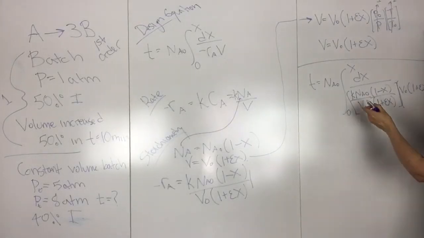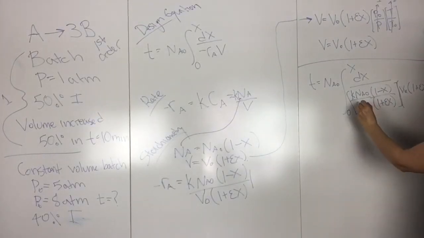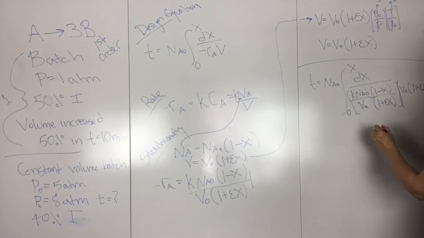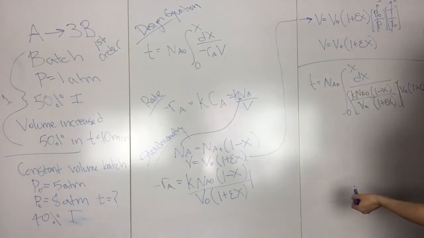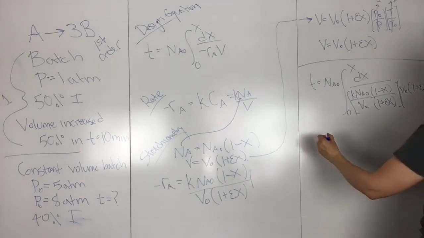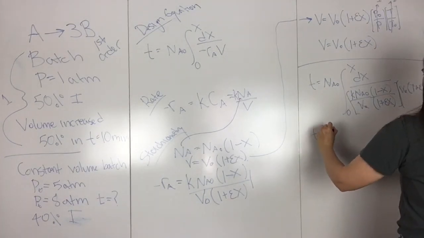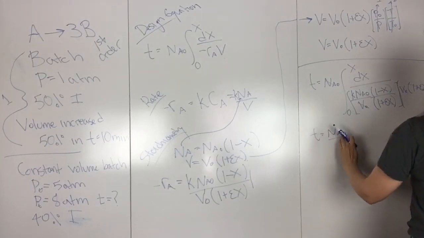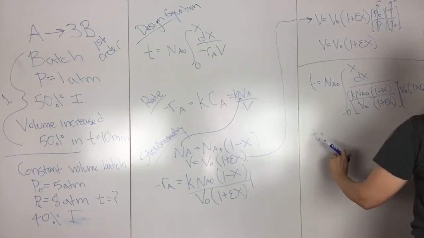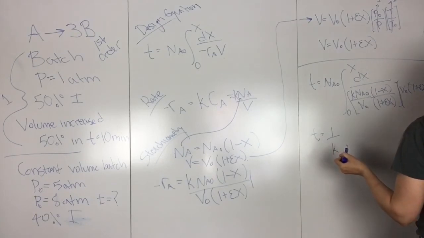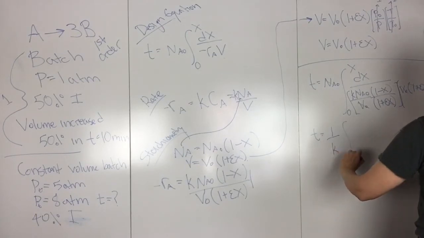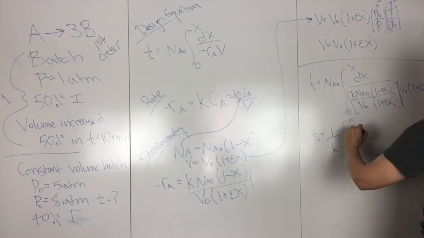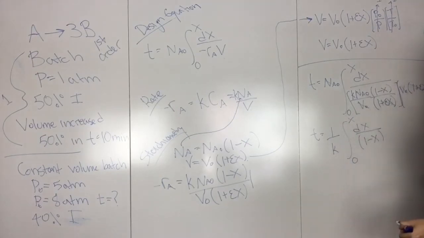So this V naught cancels out, 1 plus epsilon x cancels out, Na naught cancels out, and we can pull K out, so we're left with t equals 1 over K, the integral from 0 to x of dx over 1 minus x.